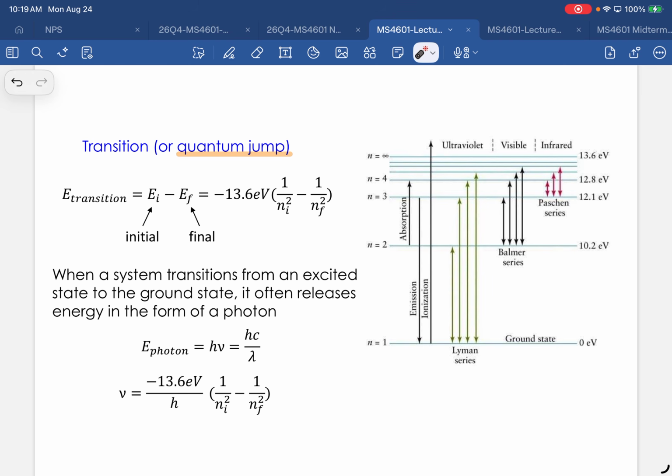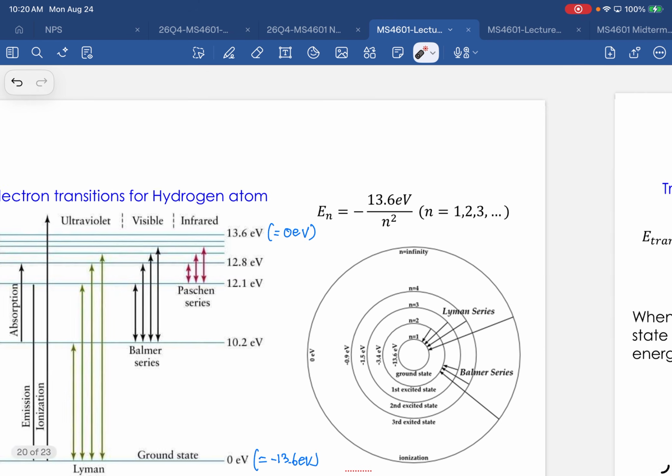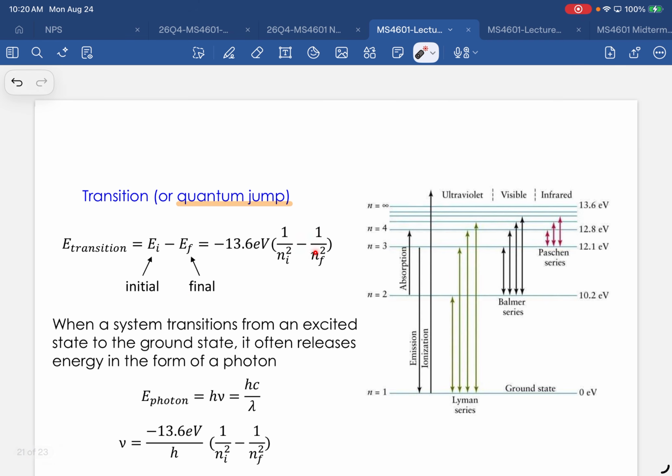So those energy transitions can be evaluated by a simple calculation: the energy of the initial state minus the energy of the final state. Then, using this energy value, we can simply plug it in and calculate. This is very similar to an exam problem, right? But for that case it was an infinite potential well, and now this is about the hydrogen case.